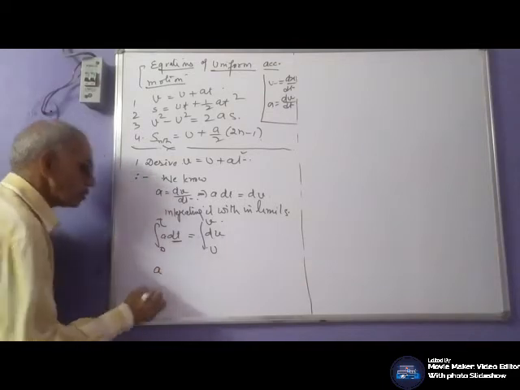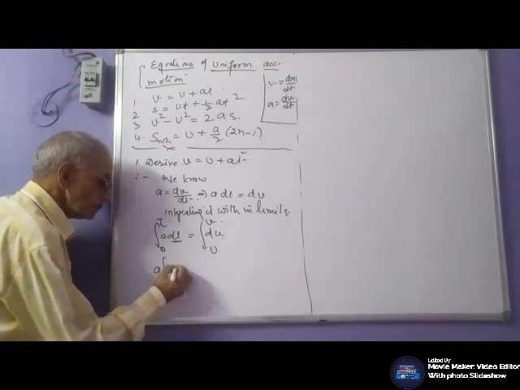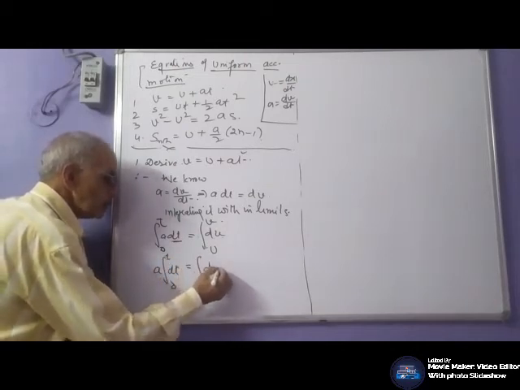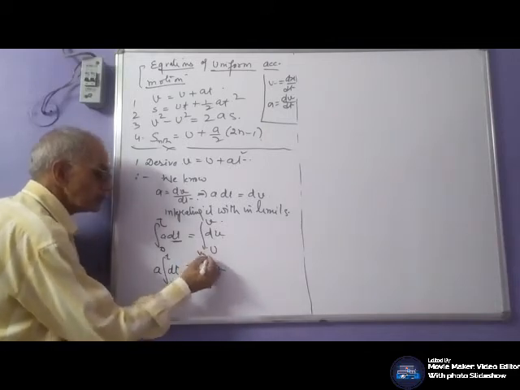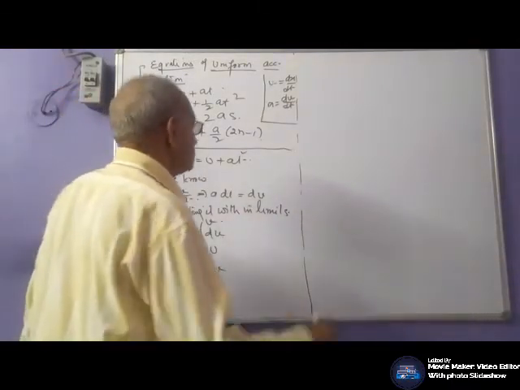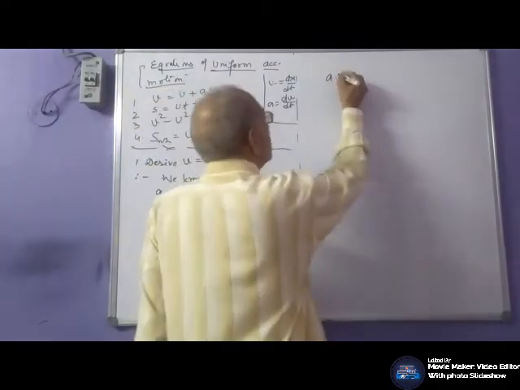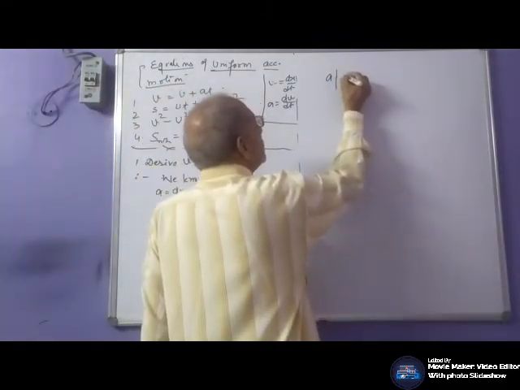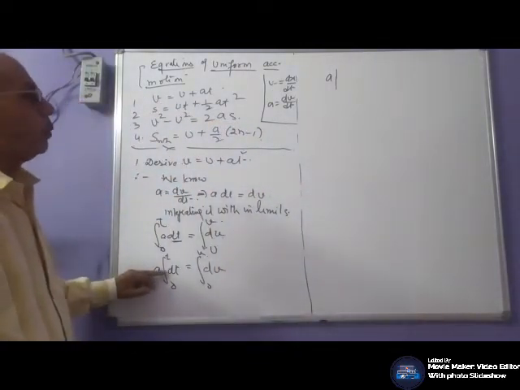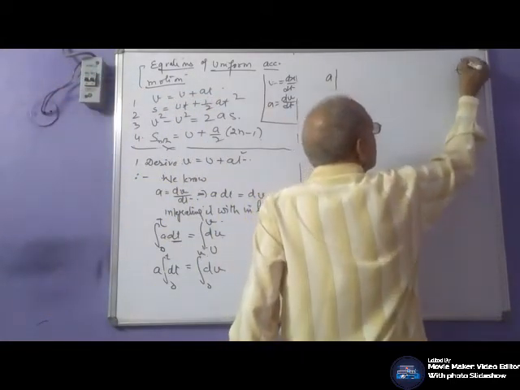A constant outside, integral of dt from 0 to t, integral of dv from 0 to v. a dt, it is t^0 dt.